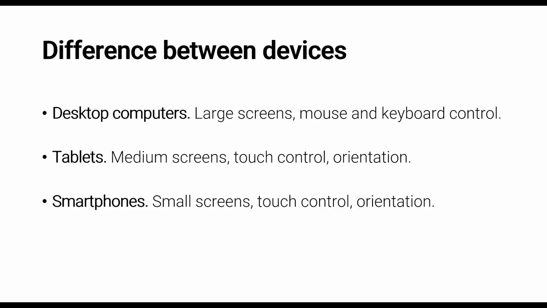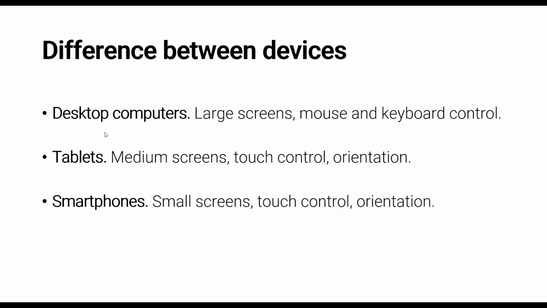Also very important is the way a learner interacts with a device, whether it's a touch screen or traditional mouse and keyboard controls. For example, desktop computers have a larger screen size, sometimes 4K, and they are controlled by keyboard and mouse. Trackpad is actually the same thing here.